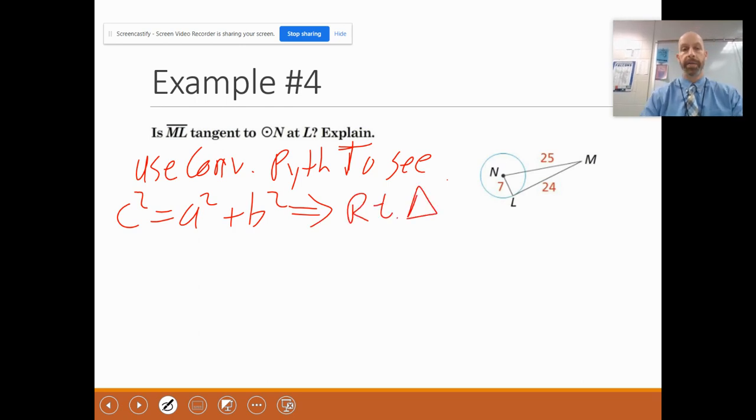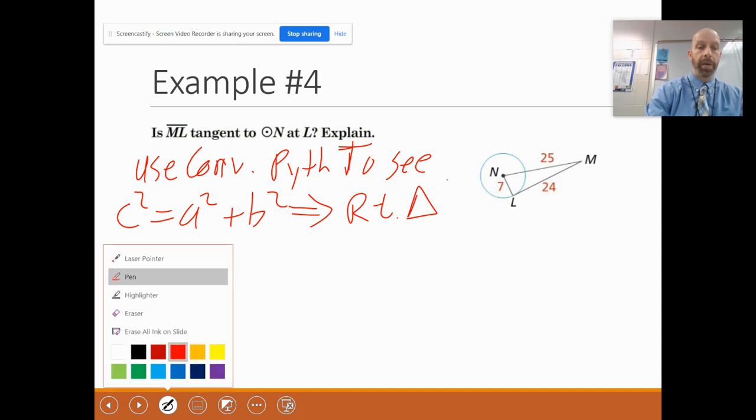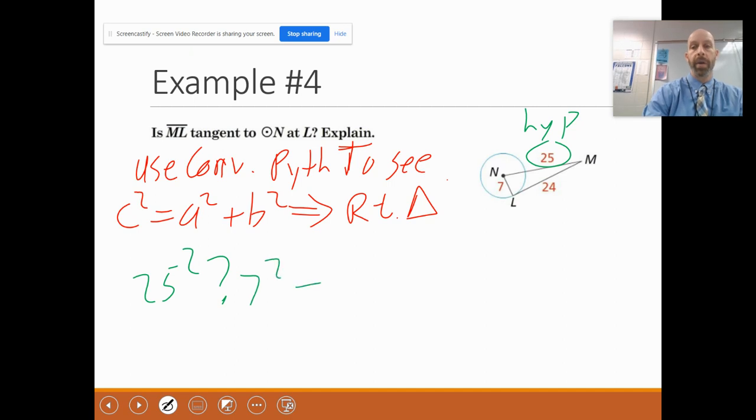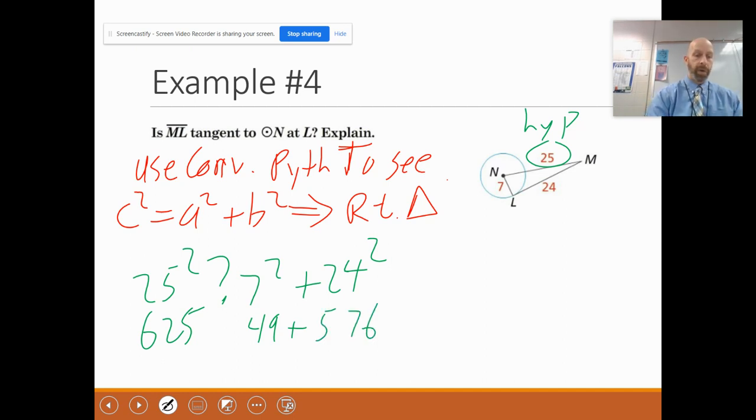So let's see if it is. So we need to check. Here are our side lengths. Remember, 25 has to be the hypotenuse because that's the long side. So is 25 squared equal to 7 squared plus 24 squared? Again, I got my calculator here. 25 squared is 625. 7 squared is 49. 24 squared is 576. 49 plus 576 is 625.